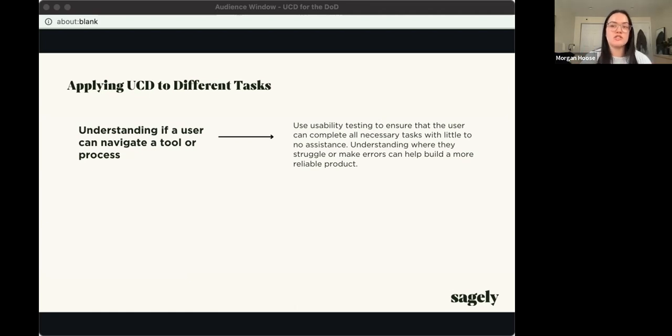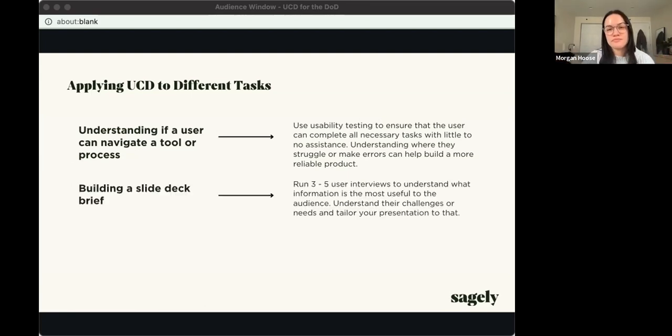But if we do our due diligence to run usability tests and improve areas of poor usability, our warfighters can spend less time training on how to use the tool and actually using the tool to do their job effectively. So doing that usability testing and making our tools as usable as possible reduces the time training and increases the time actually doing the job.